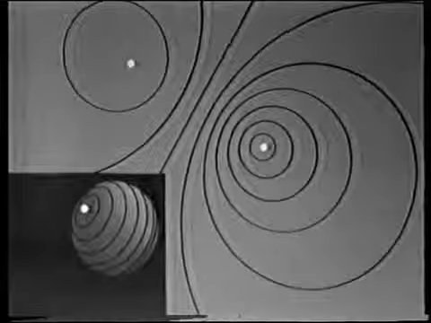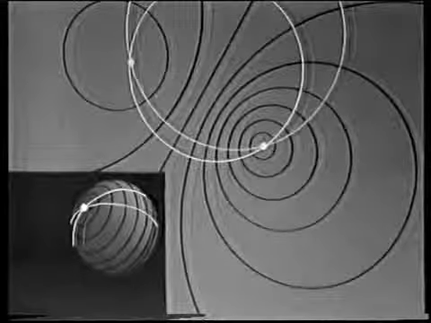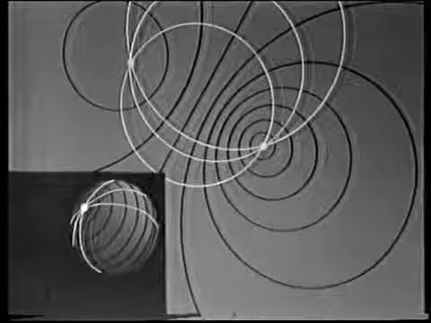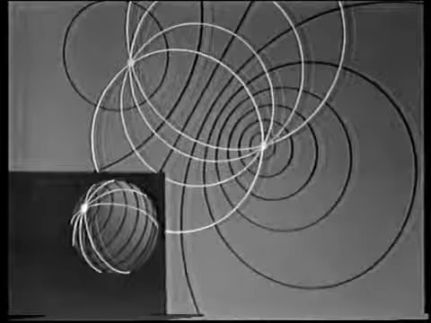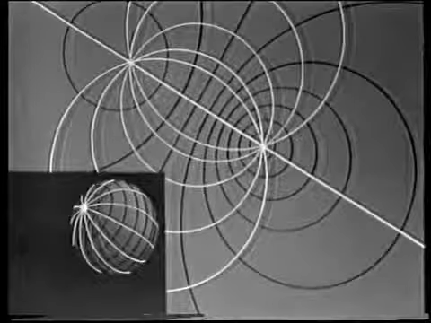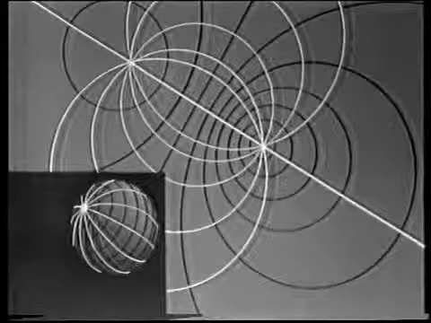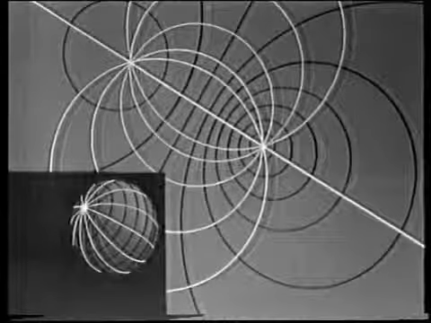And now we look at the lines of longitude. And the corresponding curves in the plane are circles which pass through the 2 points which are the ends of the axis of rotation. That line is the particular case of the circle and the sphere that we're looking directly down onto.